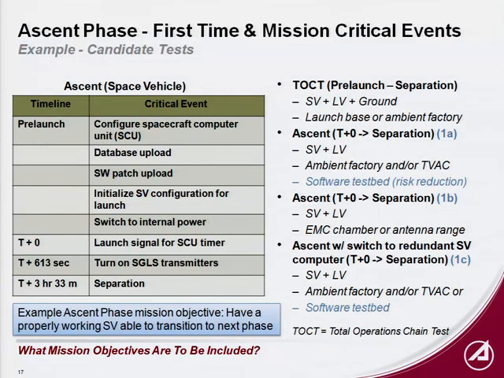Okay, so you can go through this exercise of starting very simply from the beginning for T0, and what kind of tests would you want to do, and where would you want to do them? So sometimes you might want to do something with an actual space vehicle, and sometimes you might want to do it right there on a test bed, especially the software test bed.